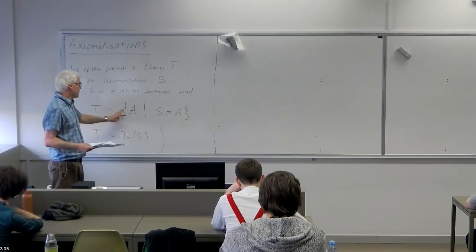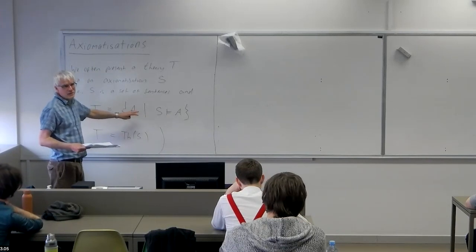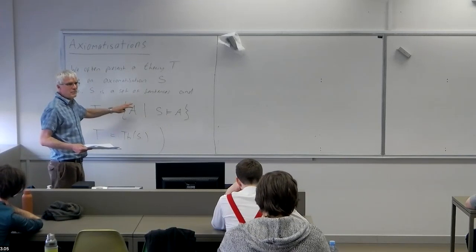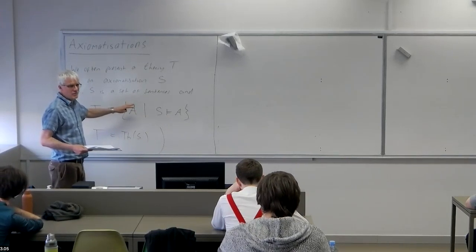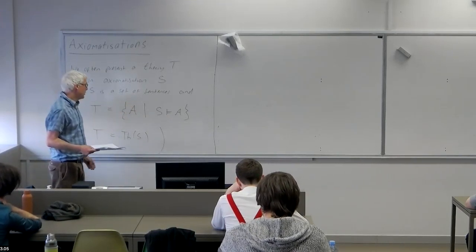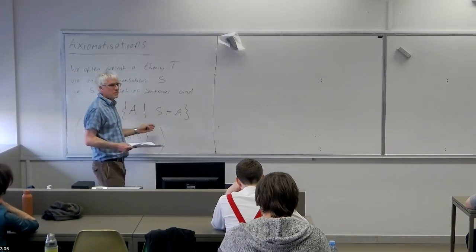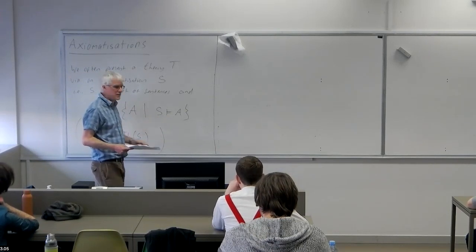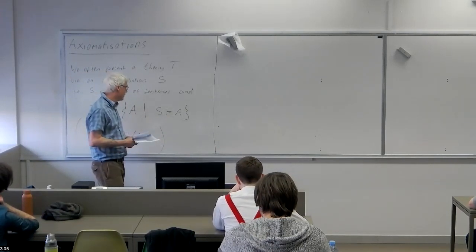Now the thing about axiomatizations is it's often an interesting question, can we provide a nice set of axioms for a theory? One notion of niceness for a set of axioms would be a finite set of axioms. Can we give a finite axiomatization of a theory?